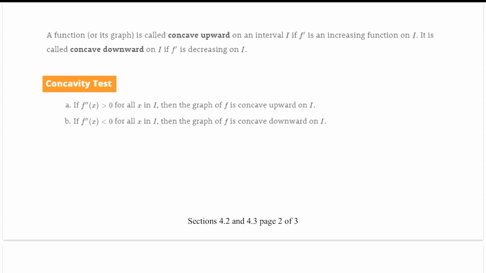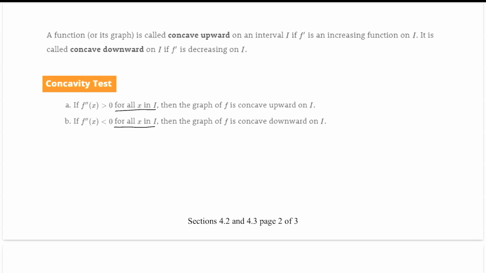All right, then, again, remember what we learned about concavity back in Chapter 2. We can look at concavity through the first derivative being increasing or decreasing. If f prime is increasing, then the function f is concave up. If f prime is decreasing, then the function f is concave down. We can also look through the second derivative.